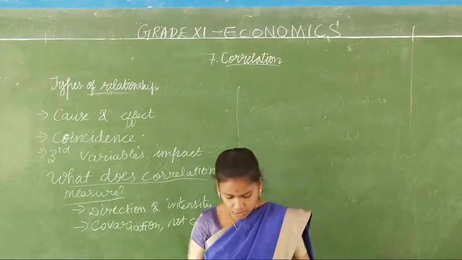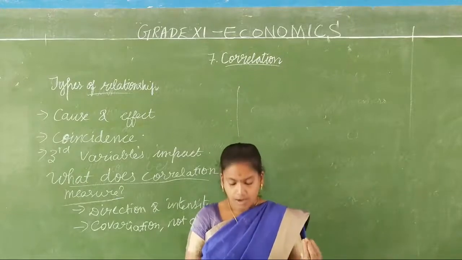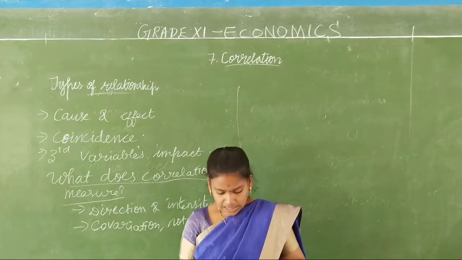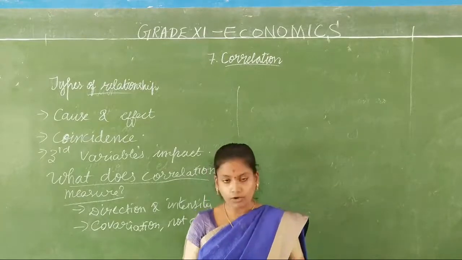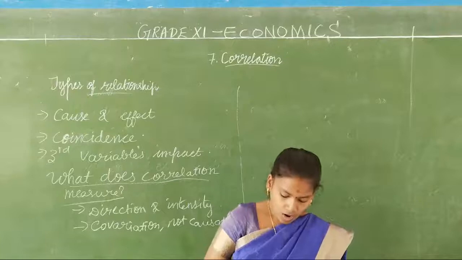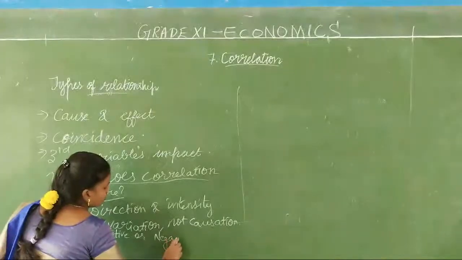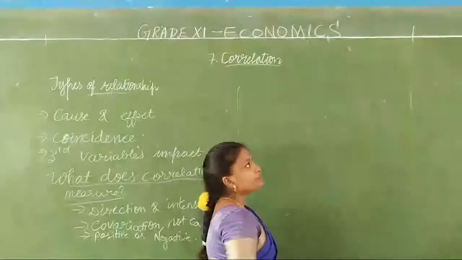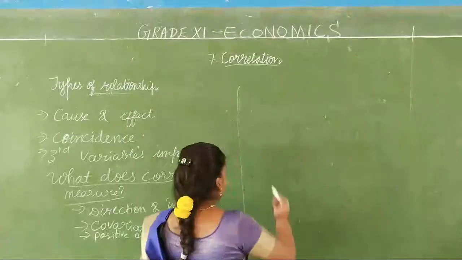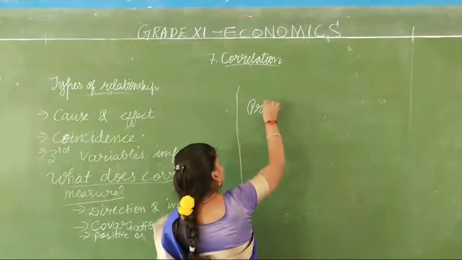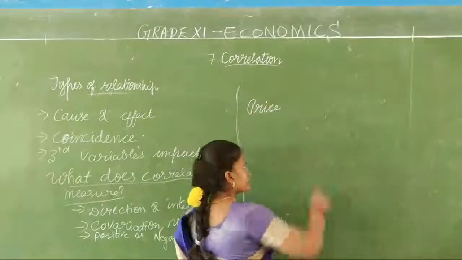So the presence of correlation between two variables x and y simply means that when the value of one variable changes, the other changes too. There is positive correlation or negative correlation.